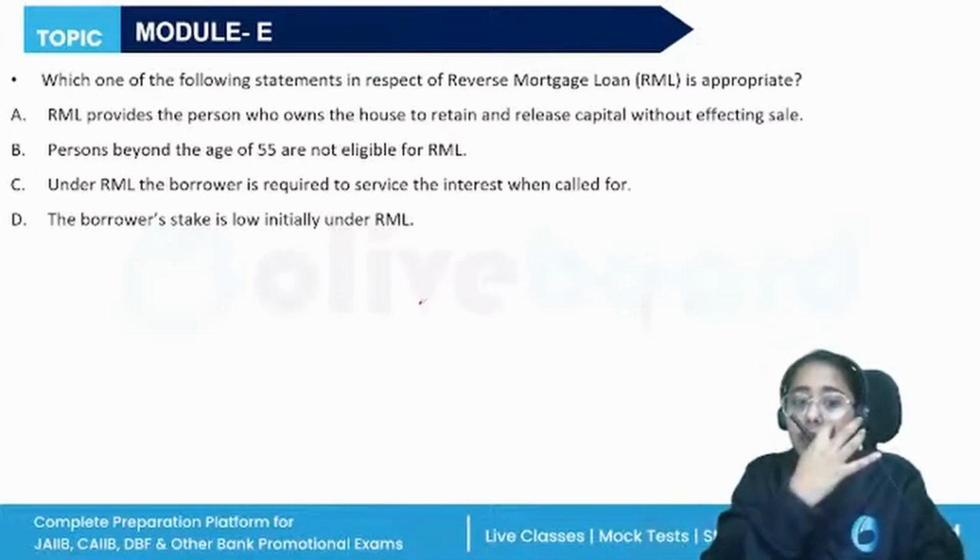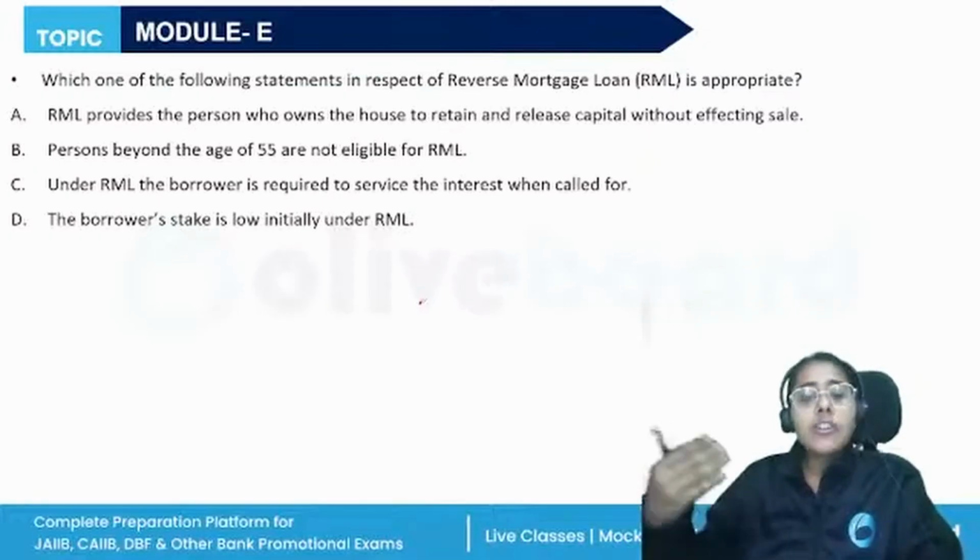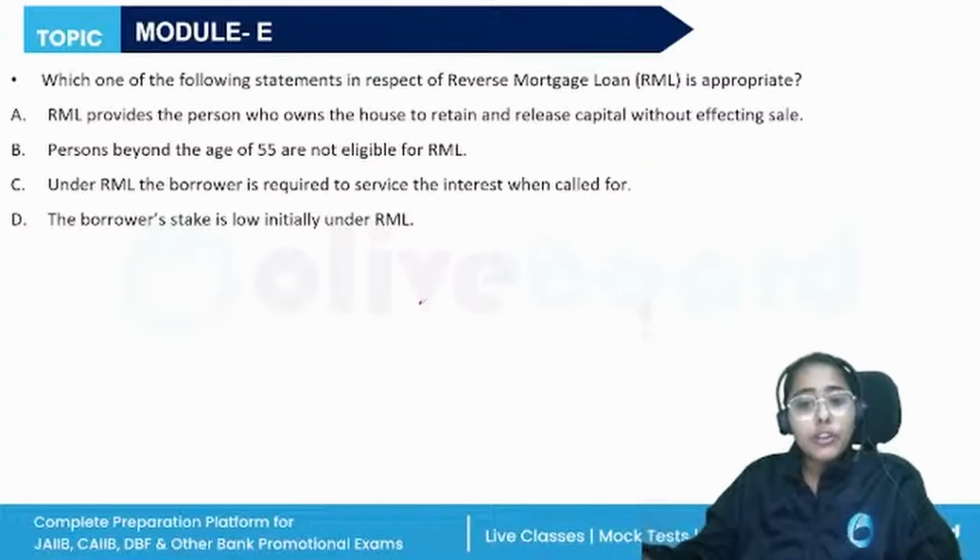So, when we talk about a reverse mortgage loan, how is it different from a normal mortgage? In a normal housing loan, the property being purchased is mortgaged to the lender, and the borrower avails a loan to begin with. At that point his stake in the property is low. Then as the EMI is paid on dues, the loan amount reduces and his stake in the property increases.